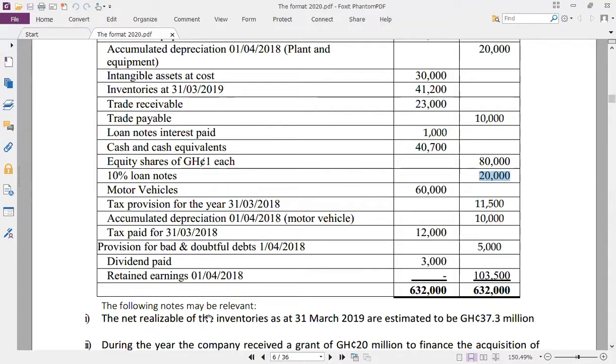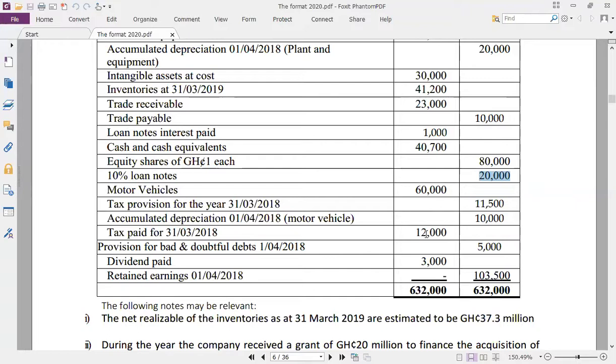So here we just compare the tax provided and tax paid. Last year they made a provision of 11,500, but the tax they paid was 12,000. So is it under or over provision?